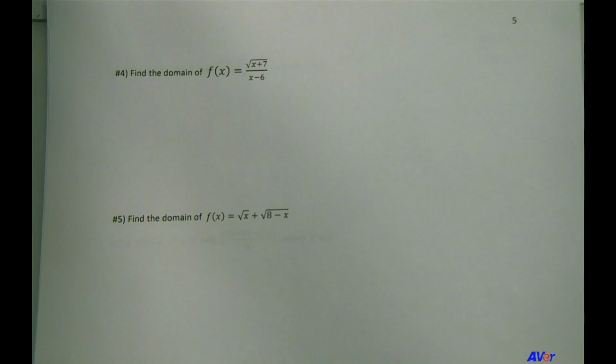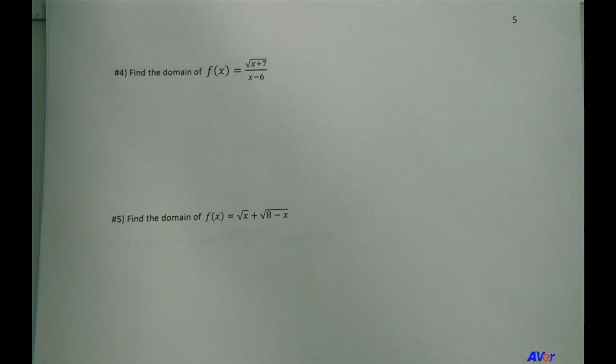So here, in these functions 4 and 5, notice that they're just saying find the domain of f of x. These are much less laborious than the ones that you saw with the combined functions. With the combined functions, there are several domains you have to intersect, and you have to see where all these different domains overlap.